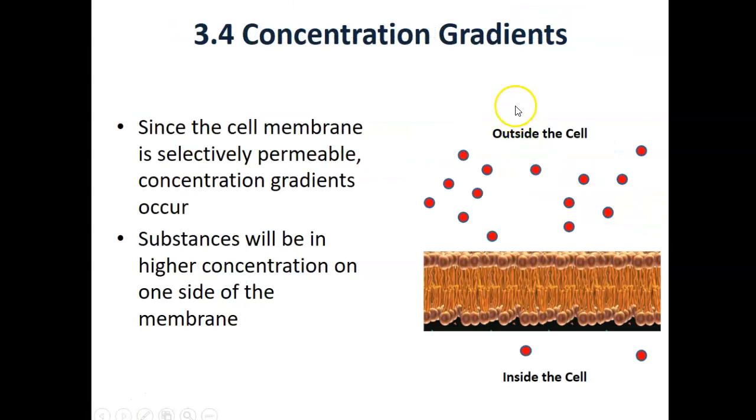What is the concentration gradient? Concentration gradient is the concentration of a substance. When it is uneven, it will form a gradient. For example, you have a lot of these red molecules outside, but inside the cell, you only have a few. The difference between the concentrations of this molecule outside the cell in comparison to inside the cell is called the concentration gradient.